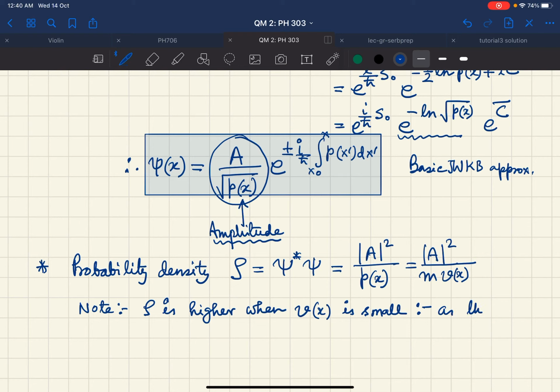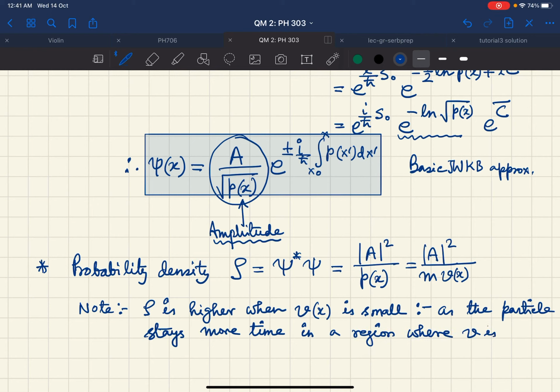As the particle stays more time in a region where v is less, the probability of finding the particle increases. That's what this tells you.